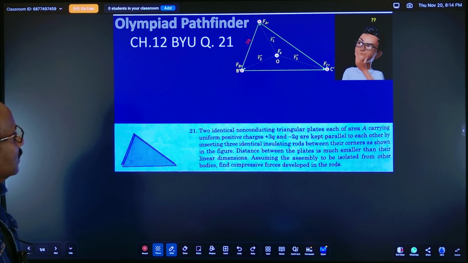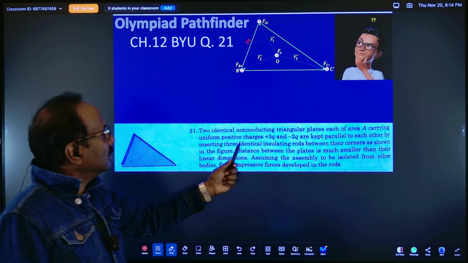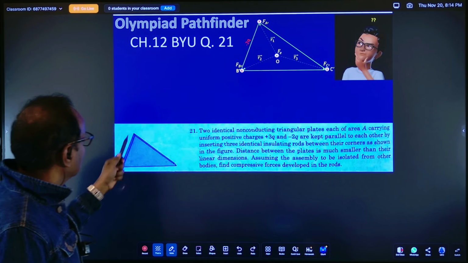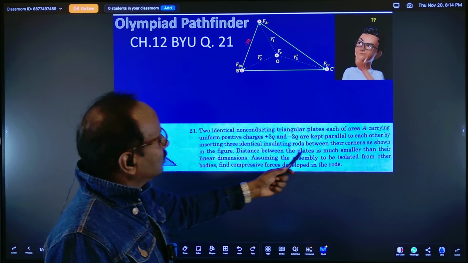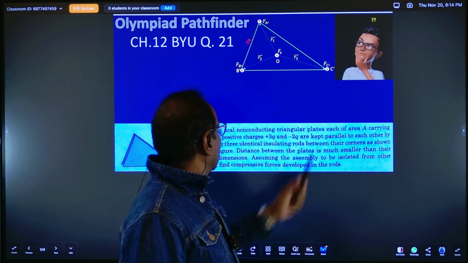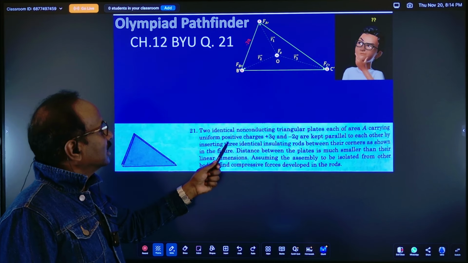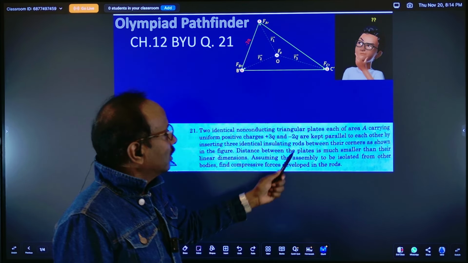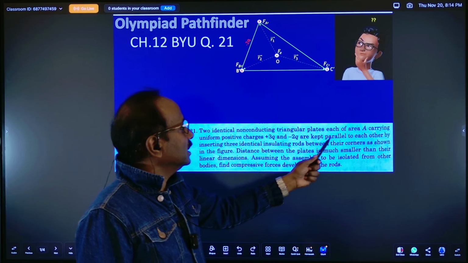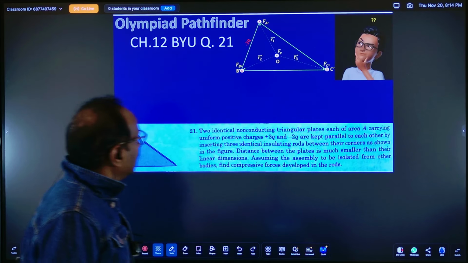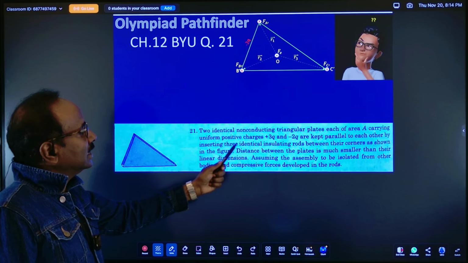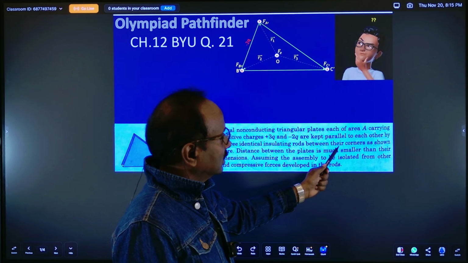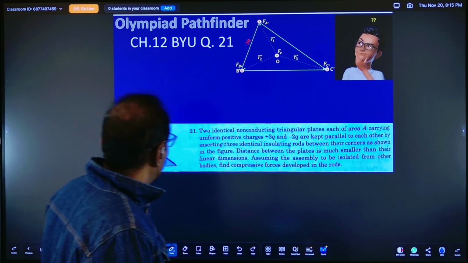The question says: two identical non-conducting triangular plates, each of area A, carrying uniform positive charges +3q and -2q, are kept parallel to each other by inserting three identical insulating rods between their corners as shown in the figure.